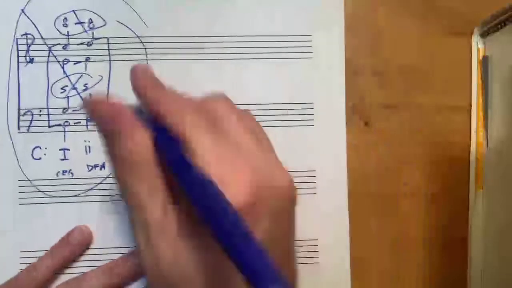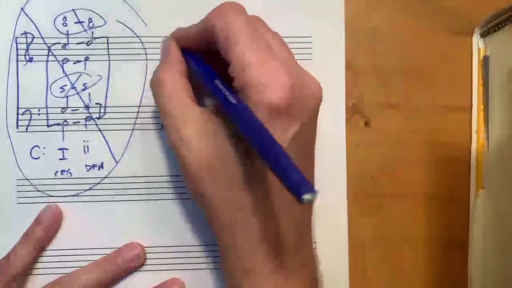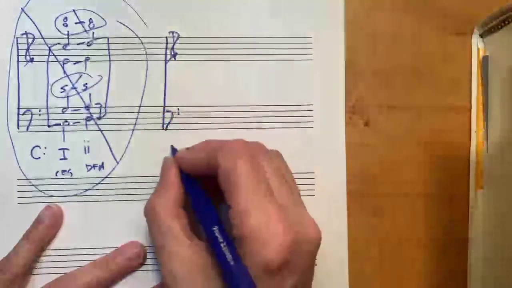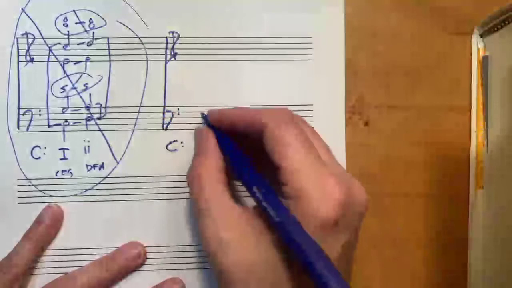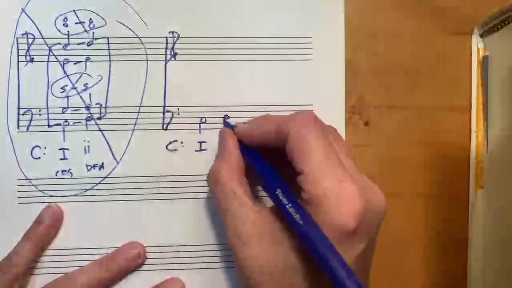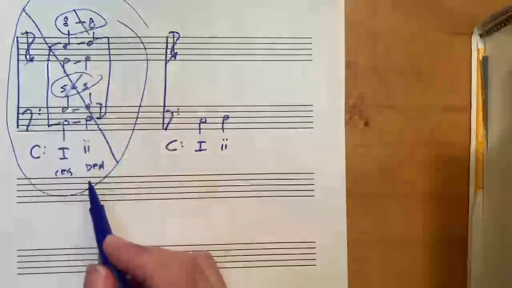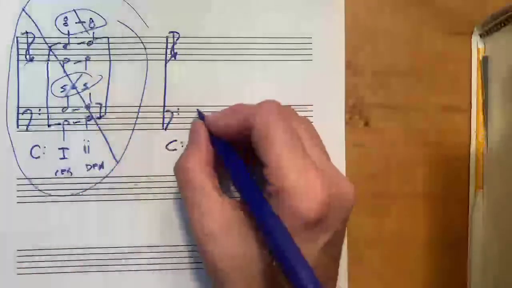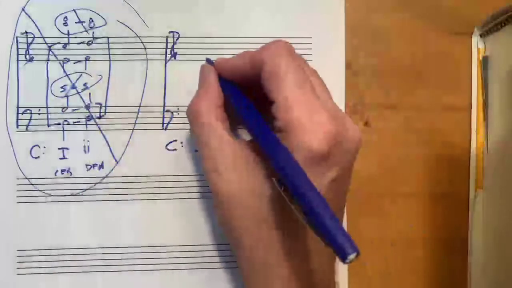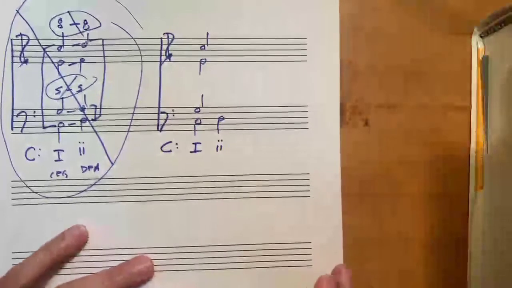All right. So, how would we do this properly? C major, 1 to 2. The problem is here, everything going in the same direction gives us parallel fifths and octaves. So the answer is to move the upper voices in contrary motion to the bass.